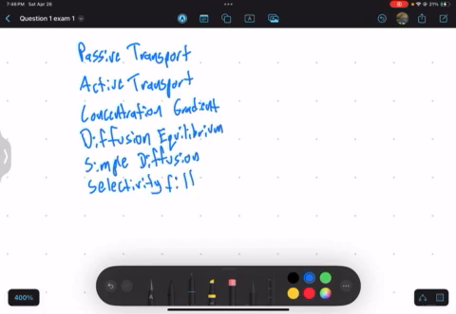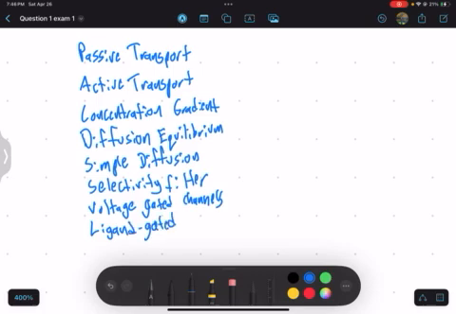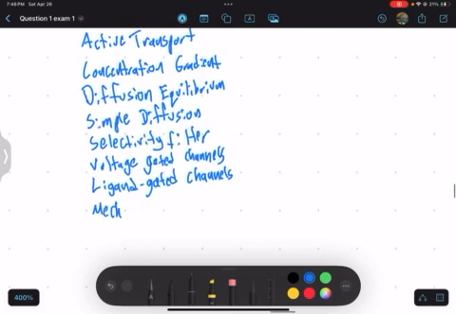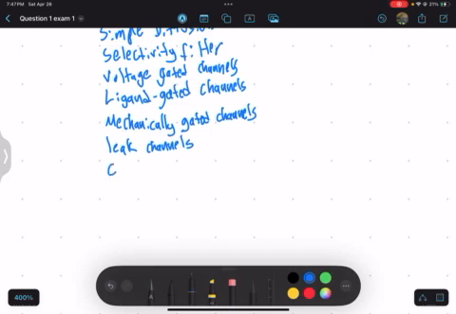filter, voltage gated channels, ligand gated channels, mechanically gated channels, leak channels, carrier proteins.